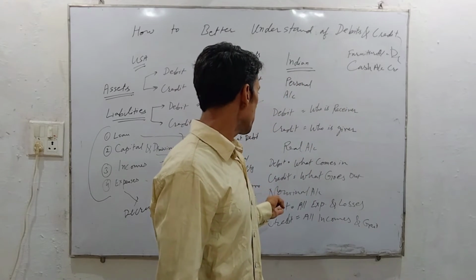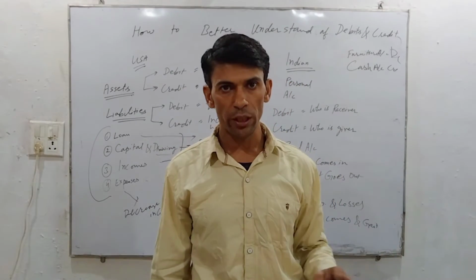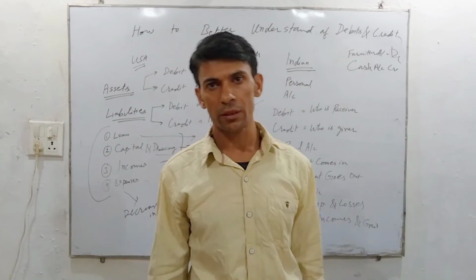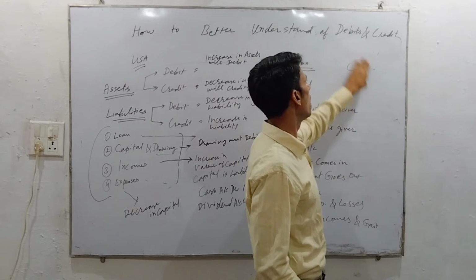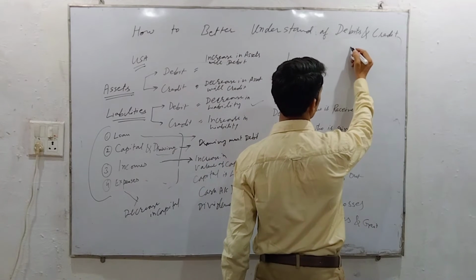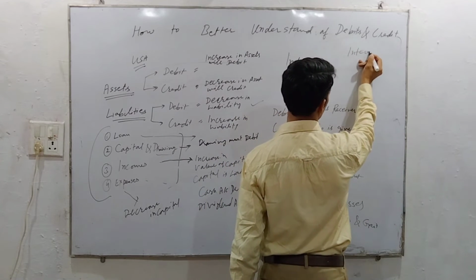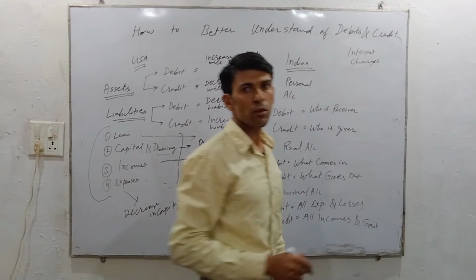And next, nominal account: all expenses and losses debit, all incomes and gains credit. Suppose we pay the bill for internet charges. Will it be debit or credit?